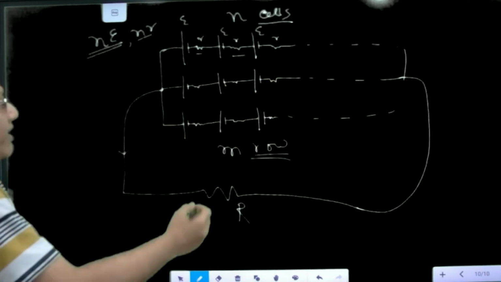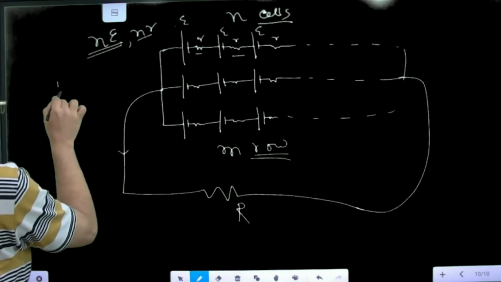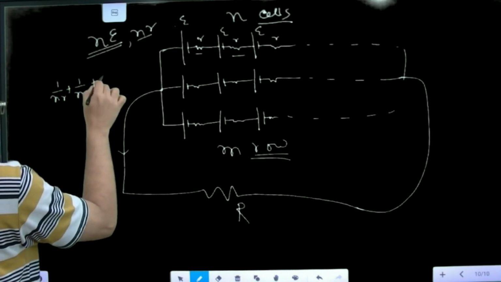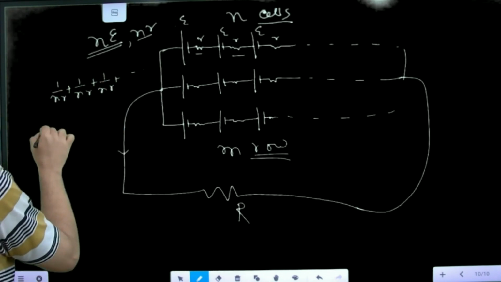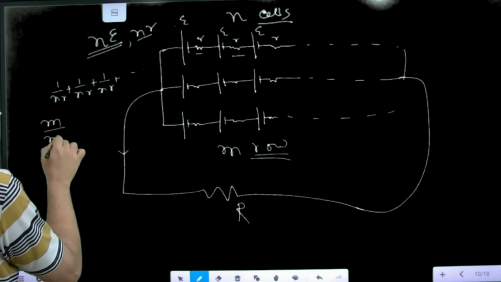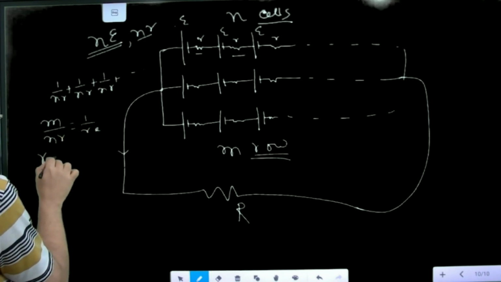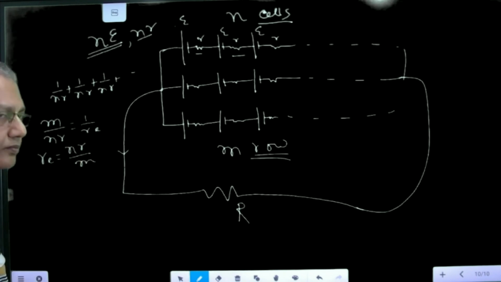So the equivalent for this part: 1 by NR plus 1 by NR plus 1 by NR dot dot dot M times. So we can write M divided by NR is equal to 1 by R equivalent. So R equivalent is equal to NR by M, isn't it?